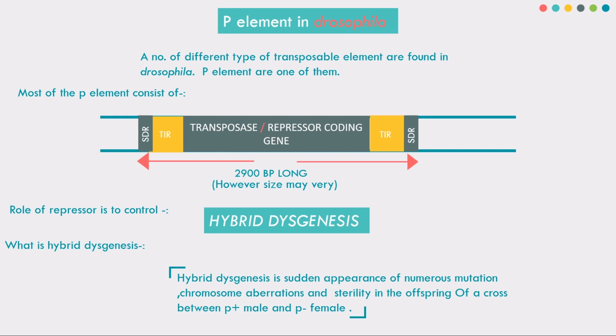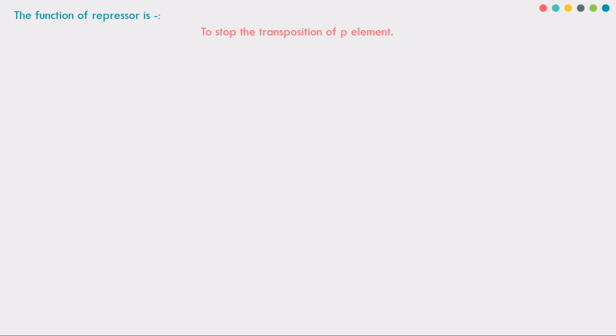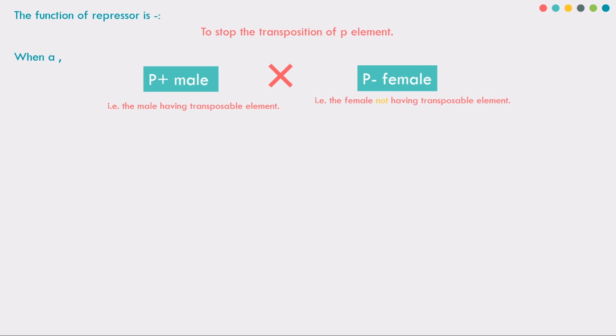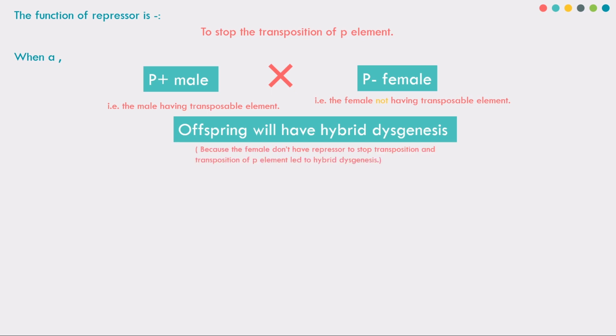Here the role of the repressor is to stop the transposition of the P element. When a P plus male, the male having the transposable element, is fertilized with a P negative female, i.e. the female not having the transposable element, the offspring will have hybrid dysgenesis or chromosome aberrations because the female does not have the repressor to stop transposition, and transposition of the P element leads to hybrid dysgenesis.